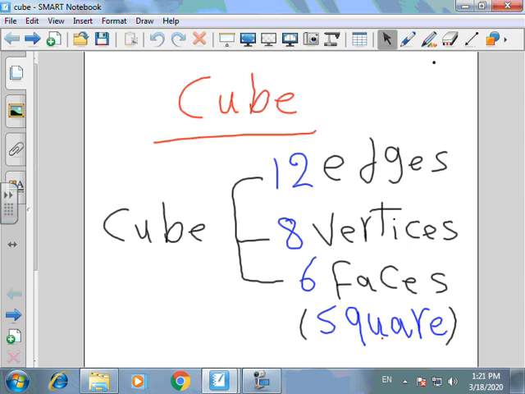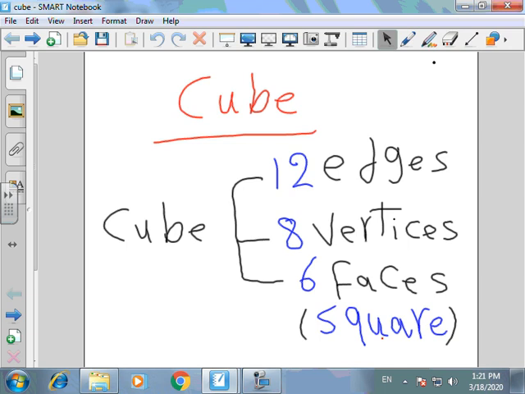Okay, let's start to revise the properties of the cube. As we know, the cube has 12 edges, 8 vertices and 6 faces. And of course, each face is a square shape.